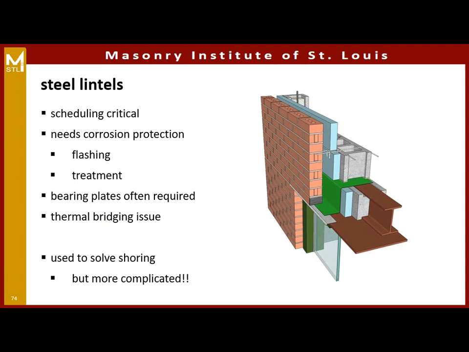So as I mentioned, steel lintels are used to solve the shoring issue, but they do add more complications that we need to take into account. And as people who are here talking about the advantages of masonry, if we're building a masonry wall, we would just rather see a masonry lintel.